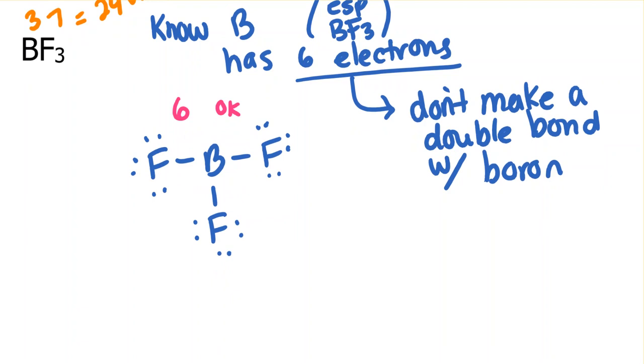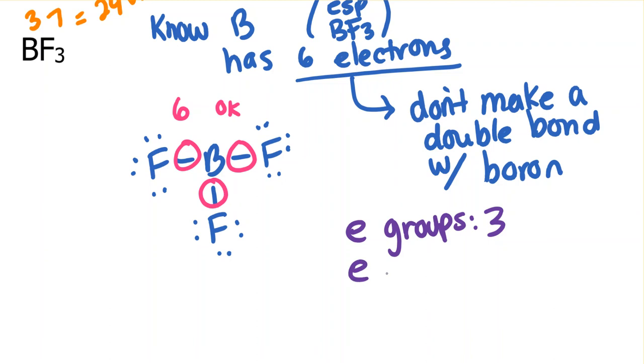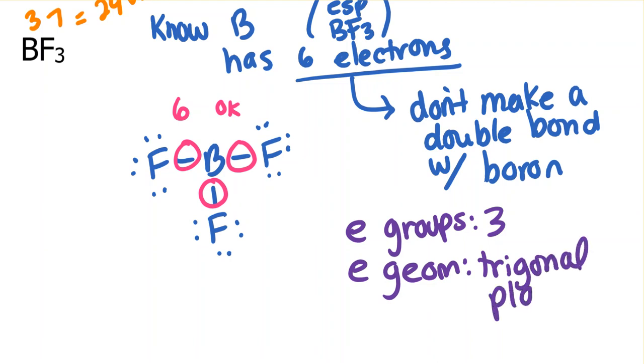And let's go ahead and go through our usual questions. How many electron groups? Well, there are 3. And what's the geometry when you have 3 electron groups? It's trigonal planar.